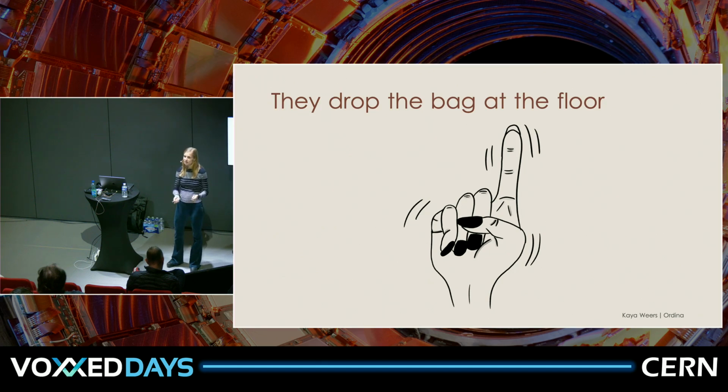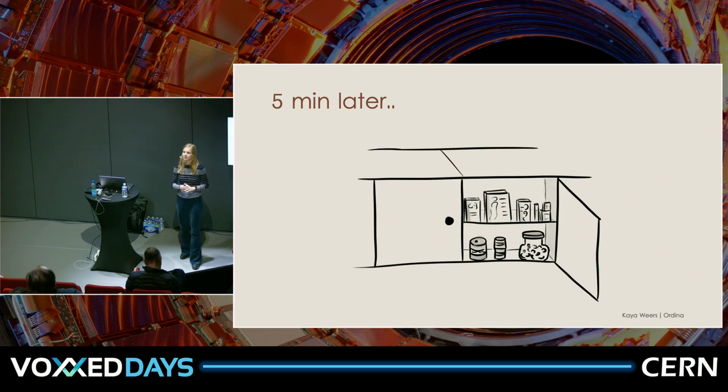Put the stuff in the cabinets, put it in the pantry. So they do everything in the right place and sometimes even in order, if mom wants the older products in front of the newer products. So 5 minutes later, everything is done. They put everything in the right place and they're finally allowed to enjoy their relaxing time.